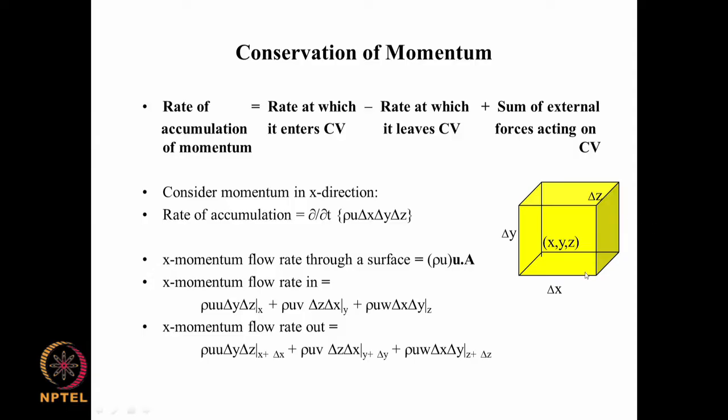So, if you consider, for example, the bottom face here, the mass flow rate of fluid which is coming in is rho times v times the surface area, which is delta x delta z.